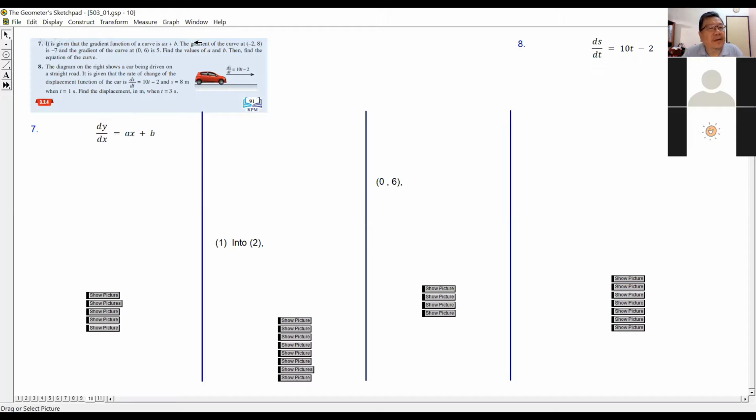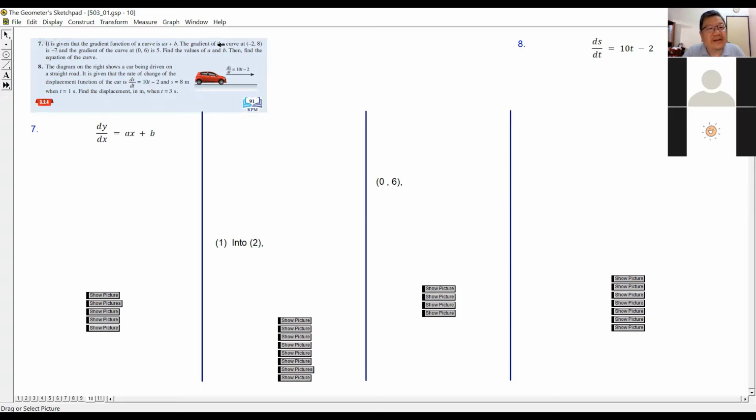Now, the second sentence, you are given two conditions or two sets of values. The first set is gradient of the curve at (-2, 8) is -7. Now this part tells you dy/dx is -7 at this point, right?